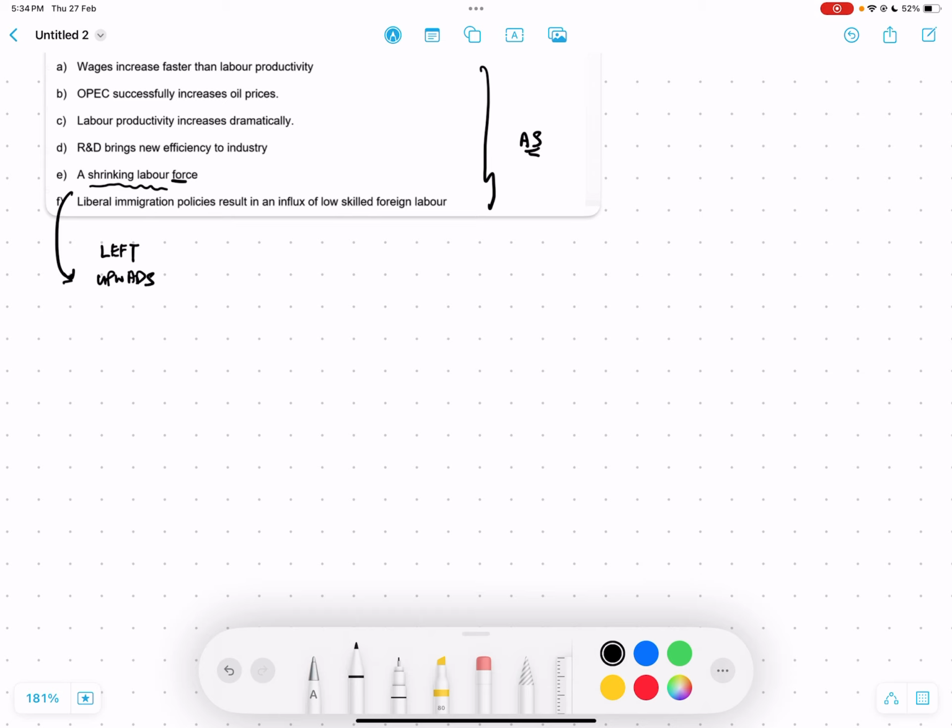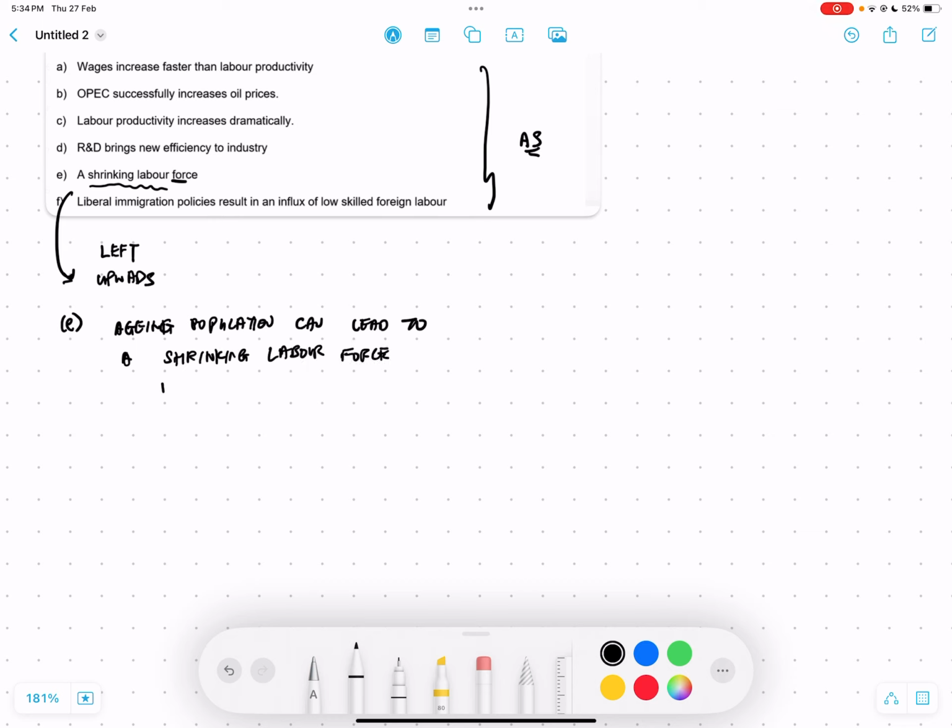Maybe I'll talk a little bit about shrinking labor force, okay? What can lead to a shrinking labor force? The most common thing is actually an aging population. So an aging population can lead to a shrinking labor force.